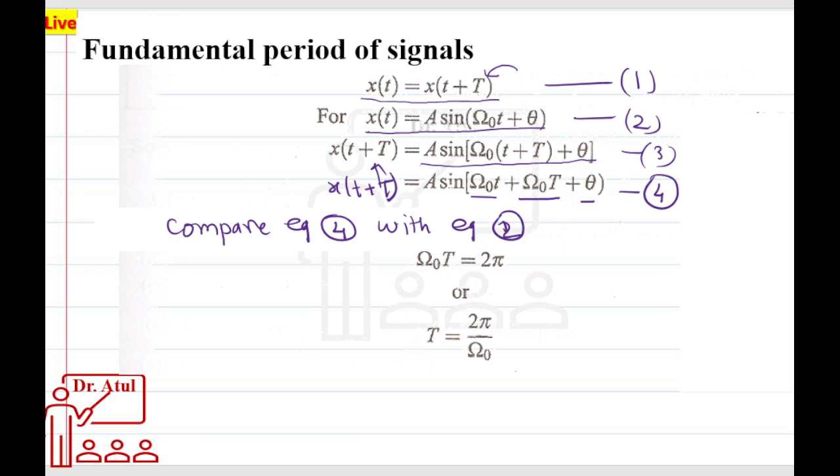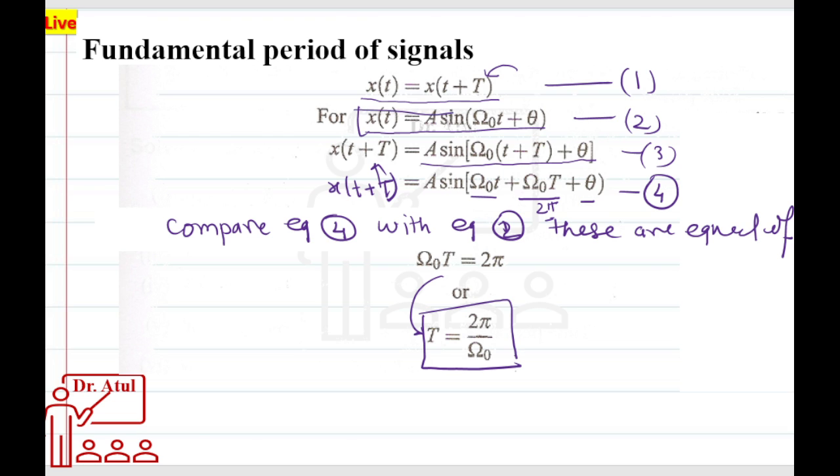Equation 2 and equation 4 are equal if omega naught T equals 2 pi, because sin(2 pi plus theta) equals sin theta. So T will be equal to 2 pi divided by omega naught. For a signal x equal to A sin(omega naught t plus theta), the time period is given by 2 pi upon omega naught. Very good.